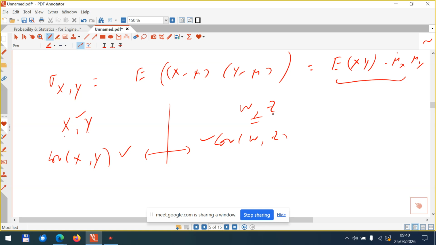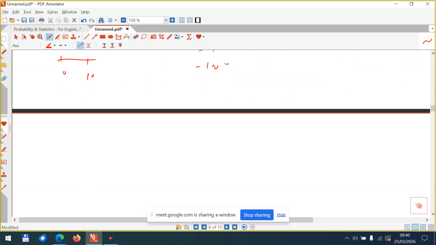So the units, and even if they have the same units, maybe the scales are different. Maybe x and y vary between 0 and 10, and maybe w varies between minus 100 and plus 100, right? So there are two problems which make this comparison difficult. One is units; they may be different, and one is called the scale. Even the same units cannot help you.